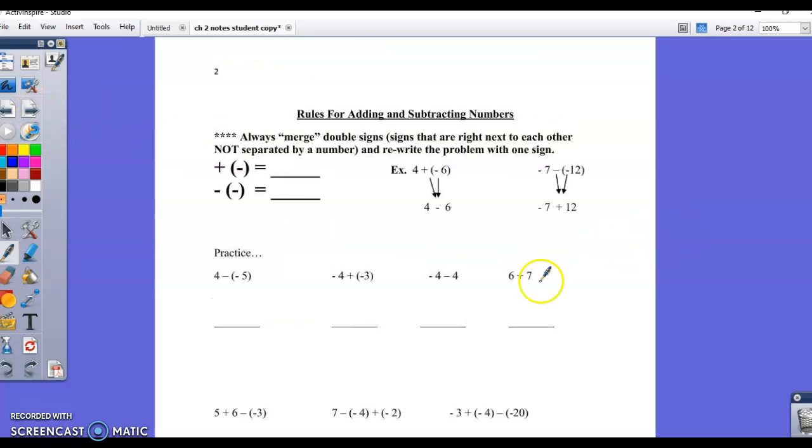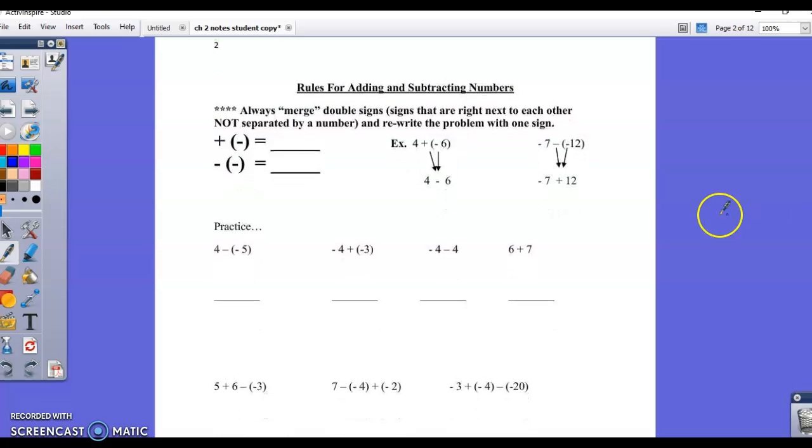All right, so now rules for adding and subtracting integers. So the first thing I want to talk about, and there's really two ways you can display this. Whenever we see two signs that are right next to each other and there's no number in between, like a plus and a minus, a minus, a minus. So example here, 4 plus, then parentheses, a negative 6. We can essentially think of that as one sign, and we can simplify it.